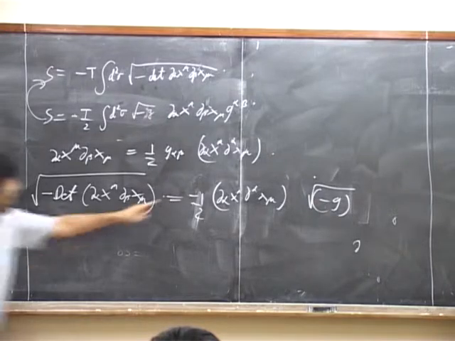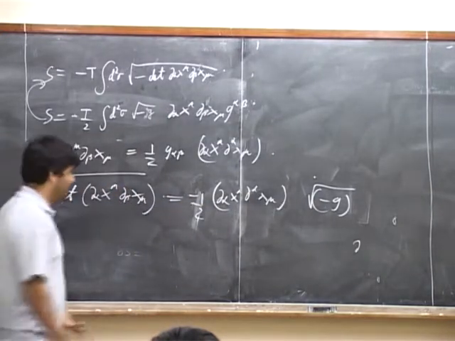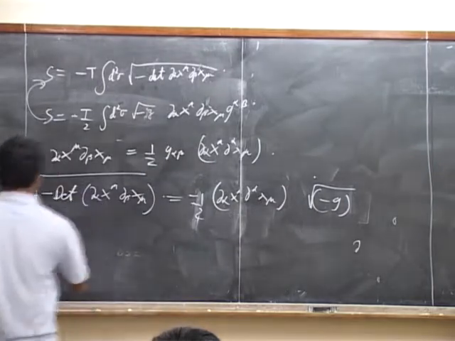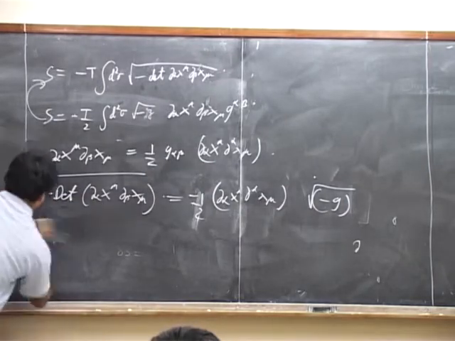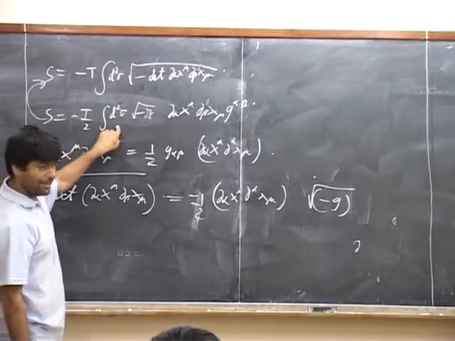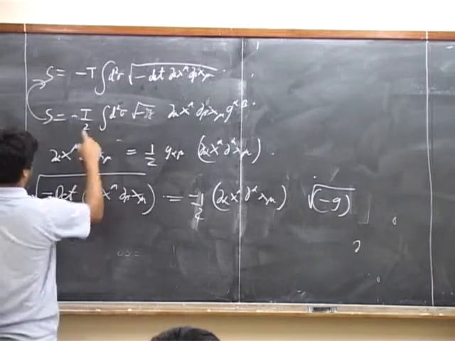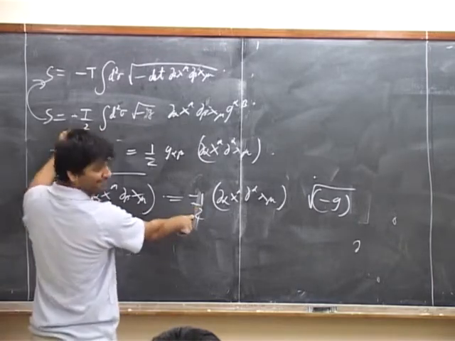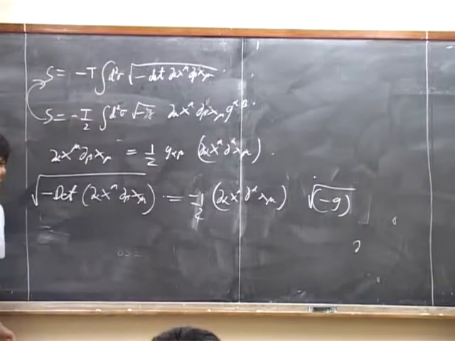Okay, I'll fix that. Therefore, we find that this action is the same thing. This half is this half, with a minus sign, just by substitution. Is this clear?